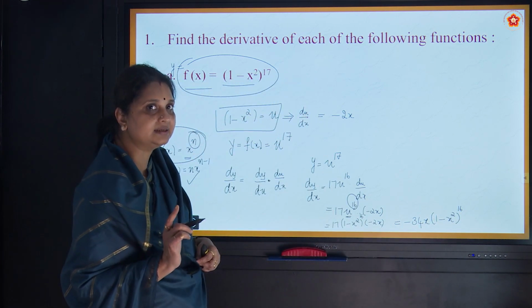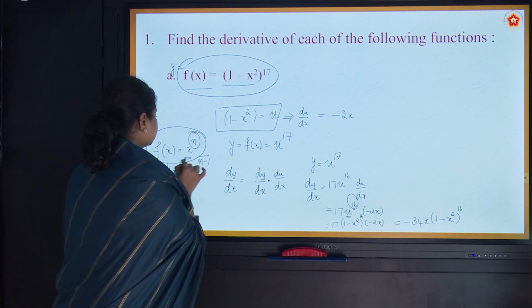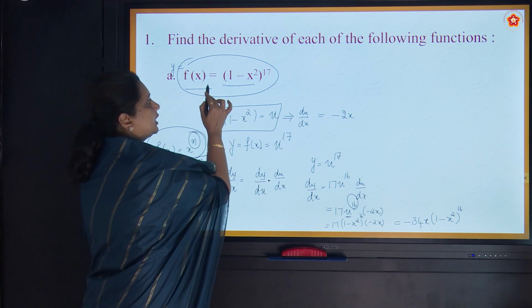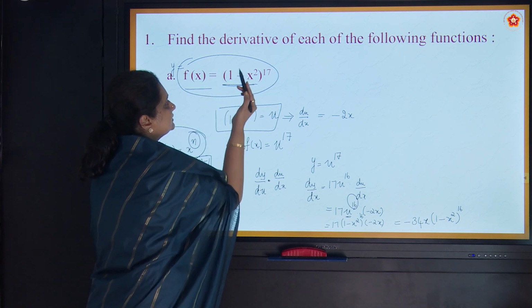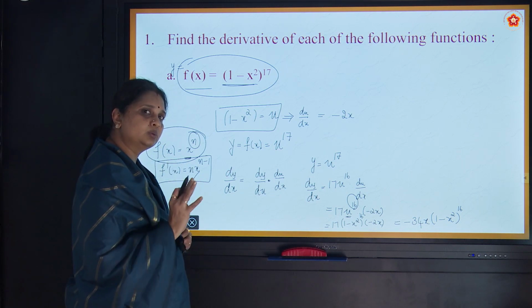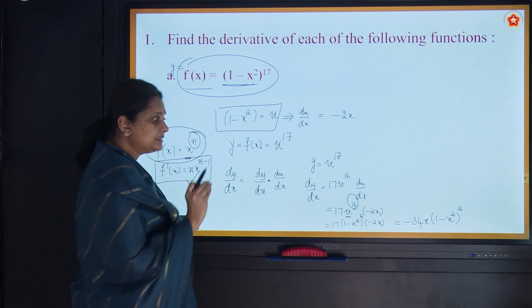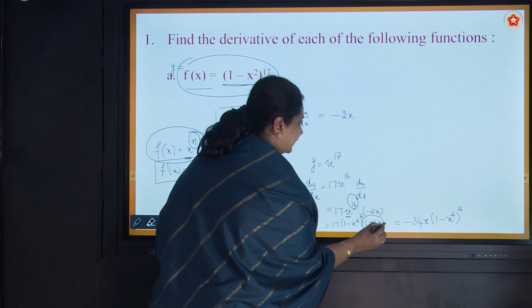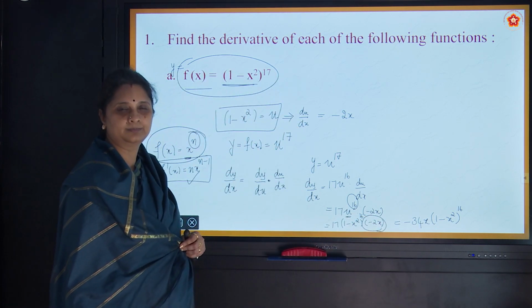So, what have I done here? I have used this power rule first, brought the power down, kept the base as it is, subtracted 1 from the power. So, the power rule I have applied, multiplied by, I have differentiated the base polynomial.